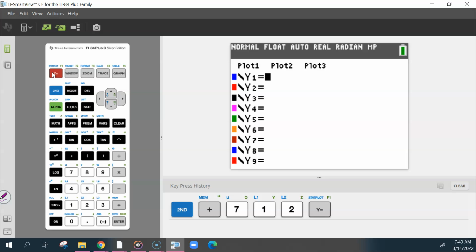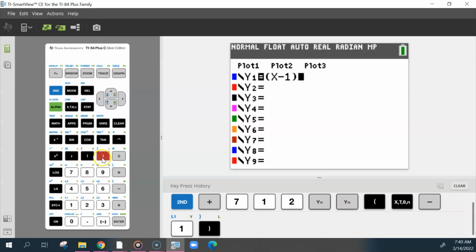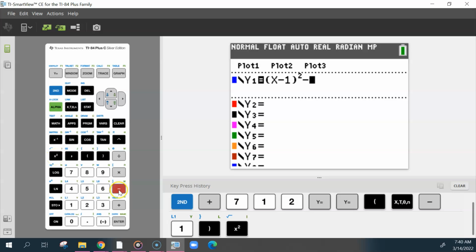So we will go into our y equals, and we would put in the equation just as it's given. So use parentheses, x minus 1 squared minus 1. Once you have that in there, go to your table, second graph.